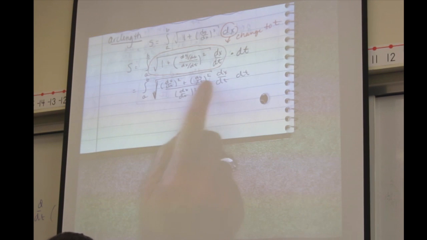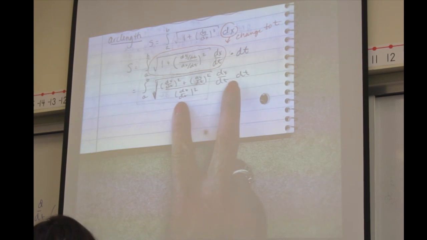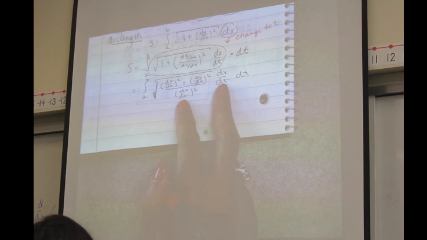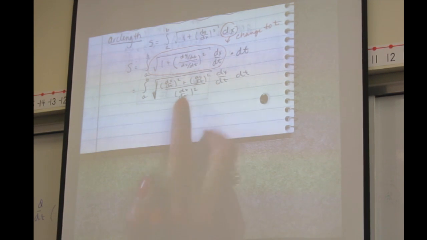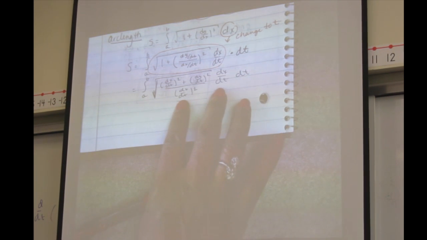Okay, so now, this is all underneath the square root, correct? So I square root the top, and when I square root the denominator, I end up with dx dt, and that cancels with this dx dt.